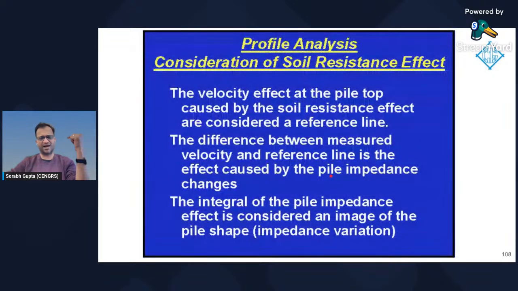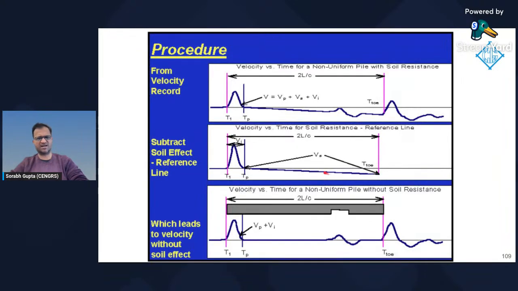I don't want to get into the details of how the profile analysis is done. I just want to show you what it is. You have a certain sway in the data because of soil resistance. This is exactly what we removed using the high pass filter. Similarly, in the profile analysis, first you have to remove the effect of the soil resistance.